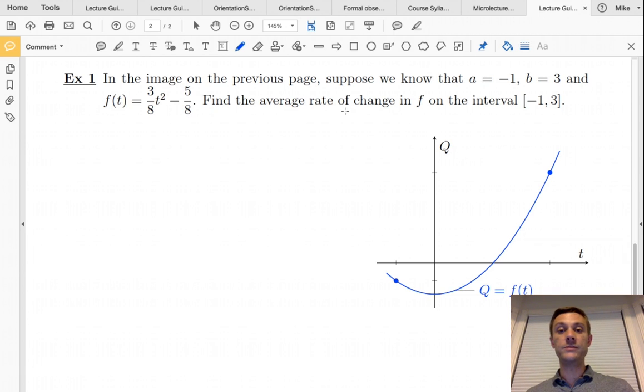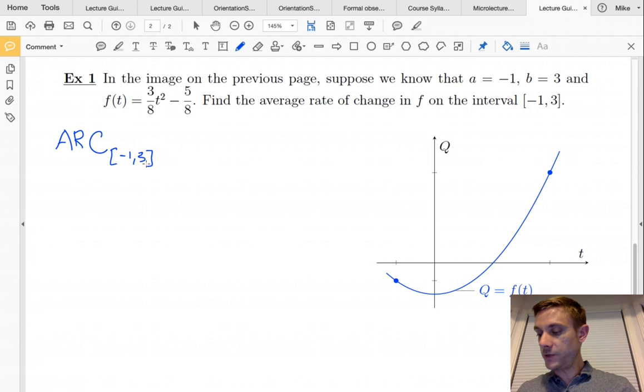Our job is average rate of change in f on this interval. So we just go back to our definition, average rate of change. I like to abbreviate ARC. And sometimes we'll put a little interval. So -1 to 3. Sometimes we'll get really fancy and remind ourselves what function it is.